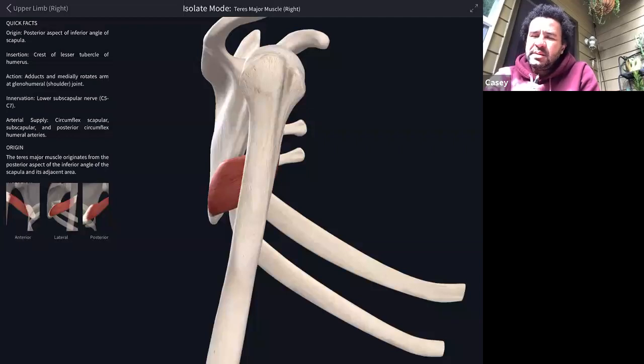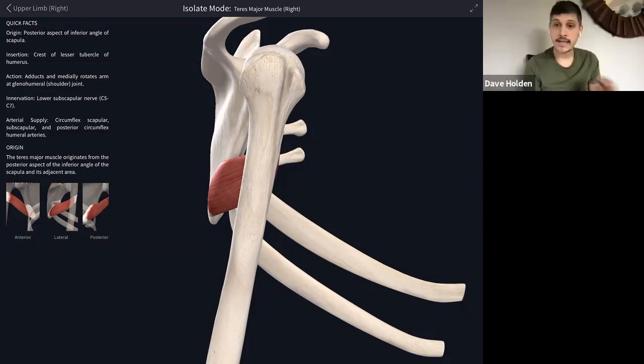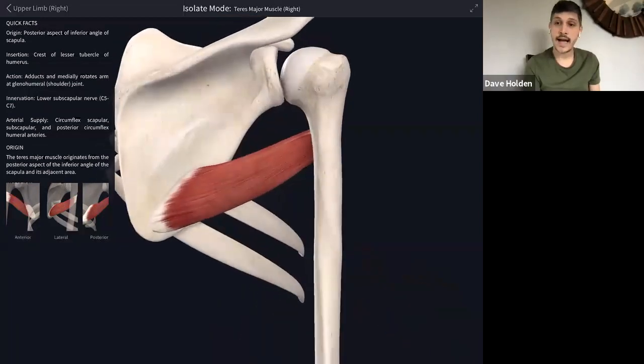Is that based on the origin point? Because the origin is on the posterior side. When muscles contract, they pull the insertion toward the origin. So when we start in neutral, when the insertion is pulled, the arm will rotate medially.